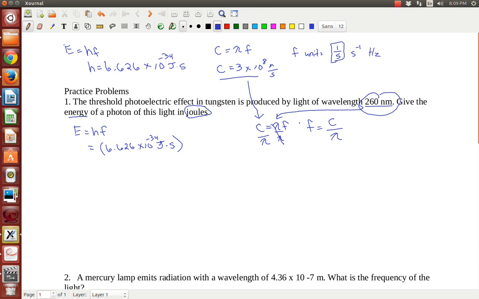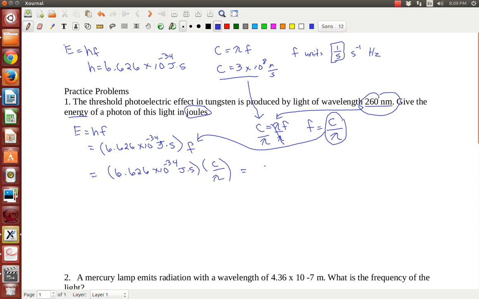So now that I know that frequency is equal to the speed of light over the wavelength, I'm going to put this in place of the F that was right there. And so now I have 6.626 times 10 to the minus 34 joules times seconds times c over the wavelength.